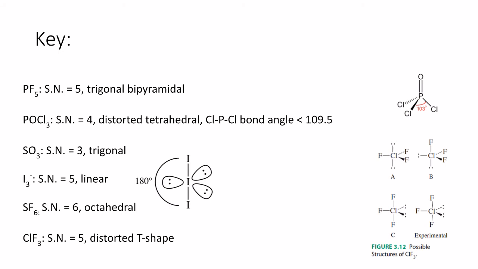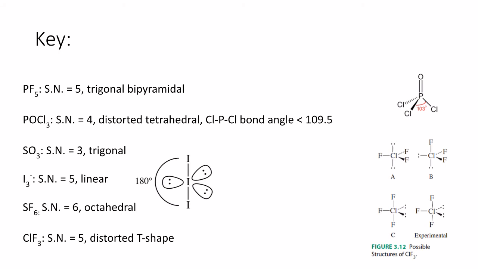So 5 minus 5, and the whole thing is neutral, so minus 0, so no lone pair. And steric number equals 5 because you have 5 ligand atoms. And you look at the table, you'll find is trigonal bipyramidal, and this is the case where all ligand atoms are the same and no lone pair, so it's the ideal trigonal bipyramidal structure.